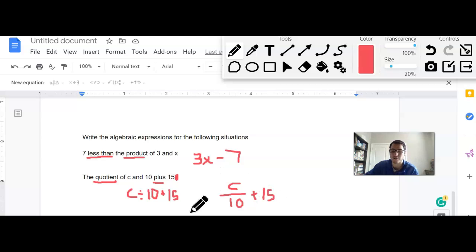Remember, you can write division problems as fractions. All right, that is practice writing algebraic expressions. If you are struggling with this, please make sure you are reaching out to me. We're then going to go ahead and finish up our guided notes from 1-4, solving algebraic expressions. So get those guided notes out next.